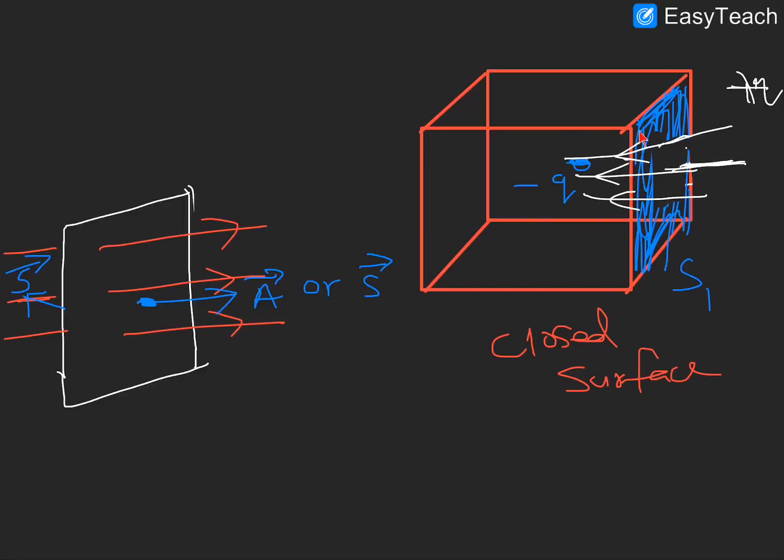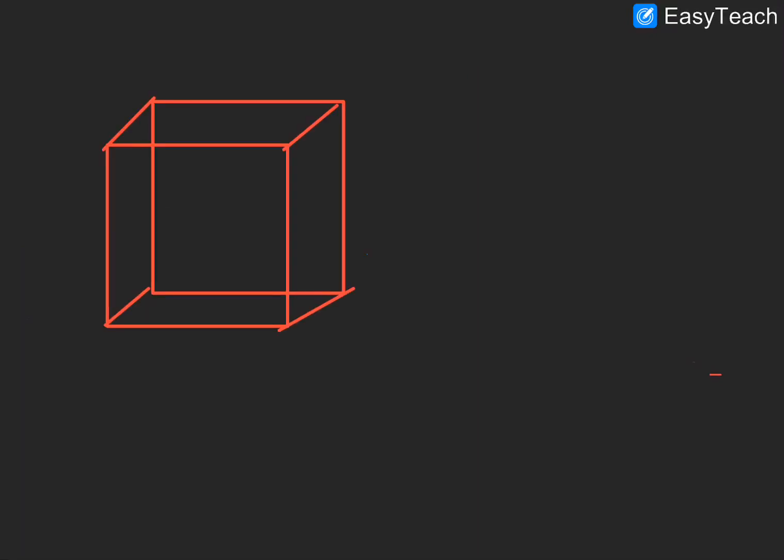And when flux is passing out of the surface, it is said to be positive flux. Okay, if positive flux is exactly equal to negative flux, then net flux will be 0. So let us consider that case also. Imagine that some field lines, let us say 2 field lines, are passing out through this side.